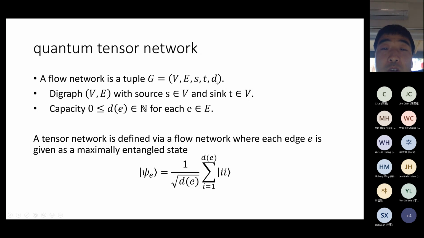So now we do not call it C, but we call it D for each E. It is generally not a real number or positive number, but an integer. And a tensor network is defined from a flow network where each edge E is given a maximally entangled state, psi E, with dimension DE.